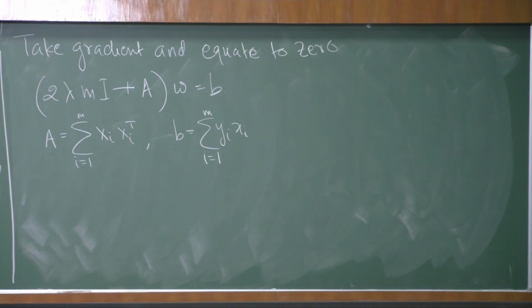If you have lambda m I coming here, and you add a matrix by some constant lambda m, then it shifts the eigenvalues of A by 2 lambda m in this case. This guy is greater than or equal to 0, but since I added some positive quantity to the eigenvalues, it definitely becomes non-singular now.